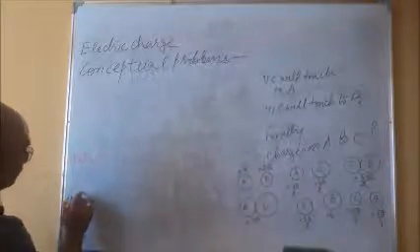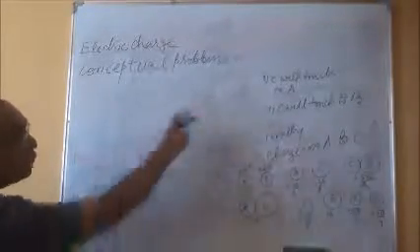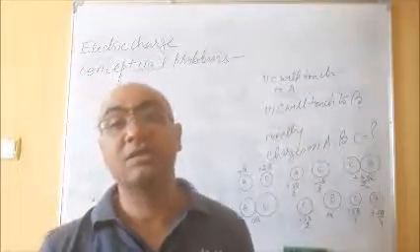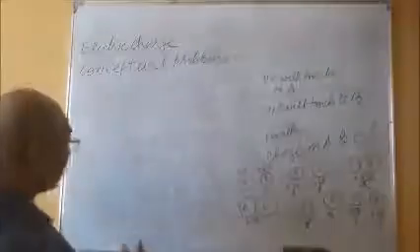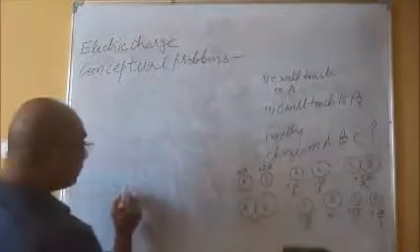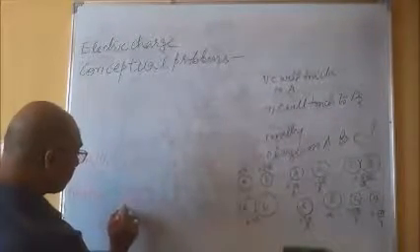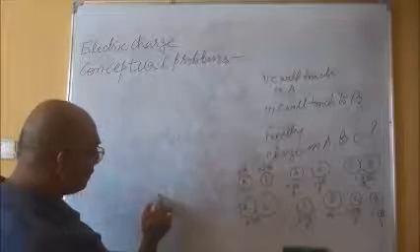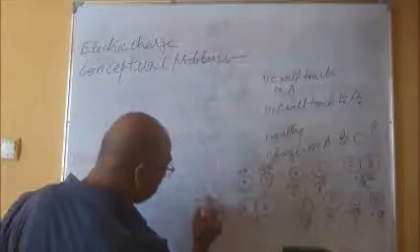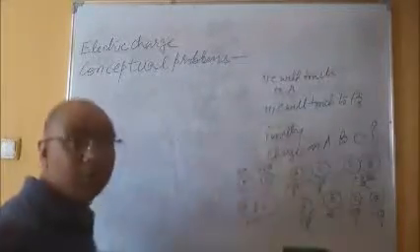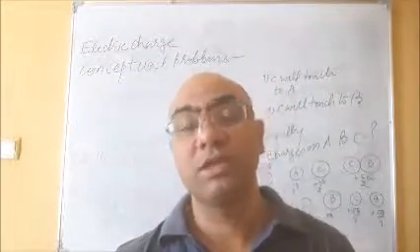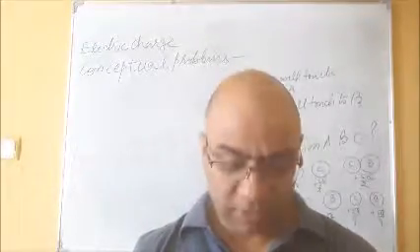Finally, if we do it in this sequence, first C touches A, then C touches B, the value on A is 3Q by 2, on B 5Q by 4, and on C 5Q by 4. I hope you understand how the charges are flowing from one sphere to the second sphere and how they are dividing with each other.